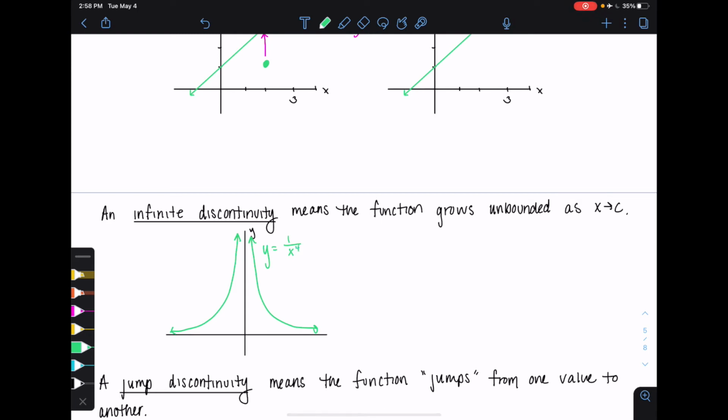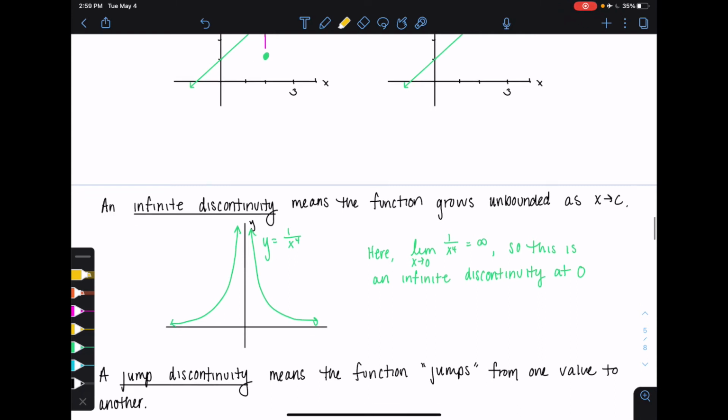It could be x to the sixth. All of these have the same graph. Here, as you approach 0, the limit is going to positive infinity because my function is growing unbounded. My function doesn't exist at 0, so this has an infinite discontinuity because the limit goes to infinity.